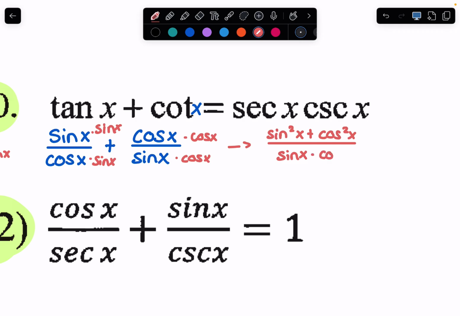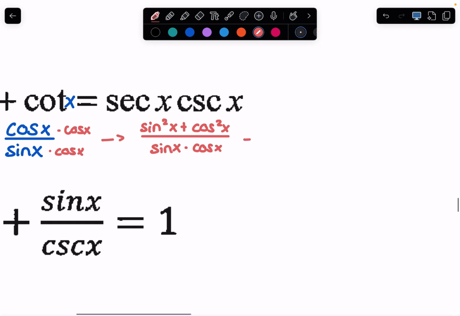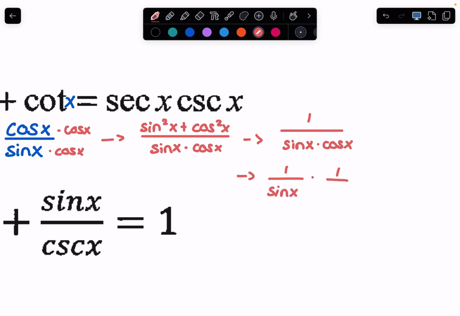And we know sine squared plus cosine squared is equal to what? One. Over sine times cosine, we can separate them to 1 over sine times 1 over cosine, which is secant times cosecant. Yep.